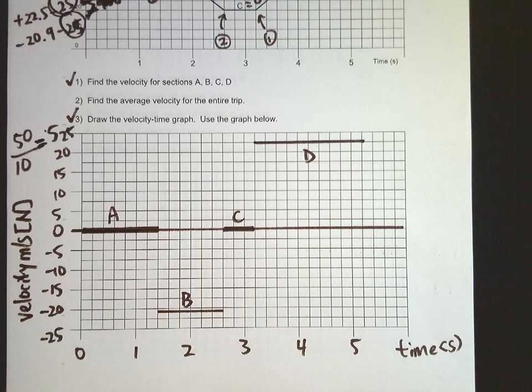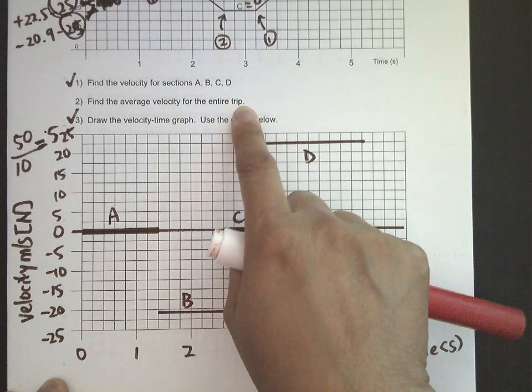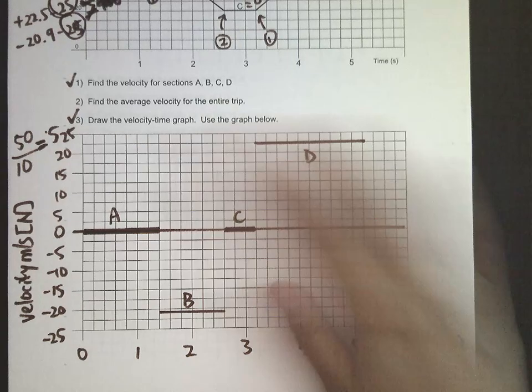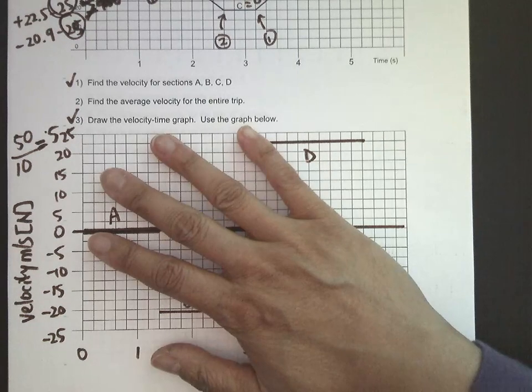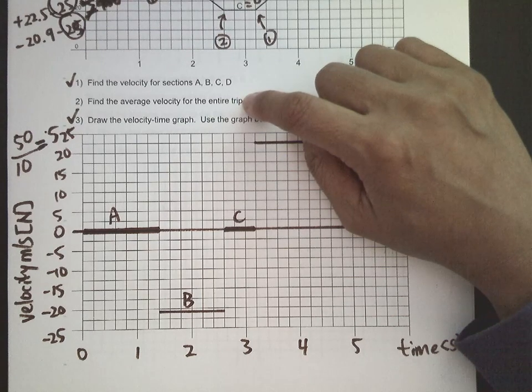Now, question number 2, I'm going to switch colors so you guys can see it better on the screen. It says find the average velocity for the entire trip. All right, we don't need this graph anymore. Because to find the answer to question number 2, you actually need this one.